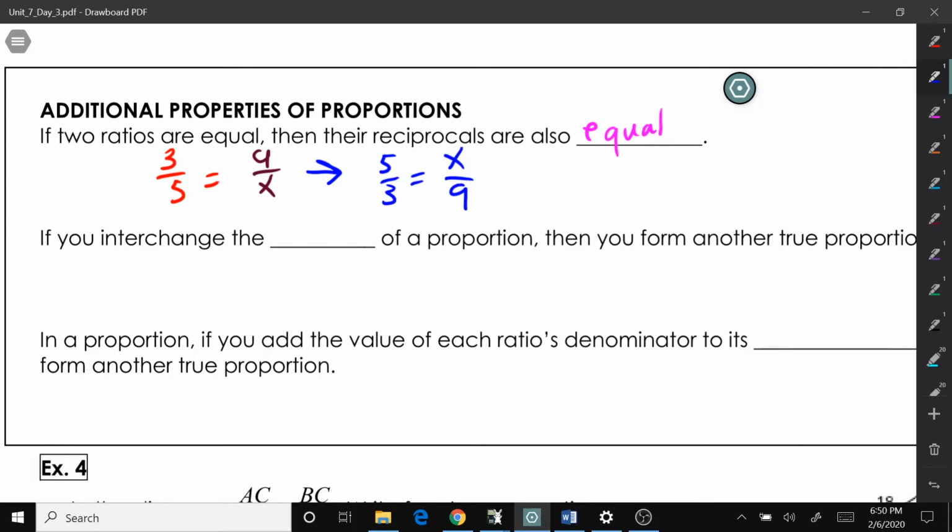And yeah, in this problem here, it may not seem as useful, but there are some situations, and I've run into it with SAT prep, where flipping both fractions has made the problems a bit easier.